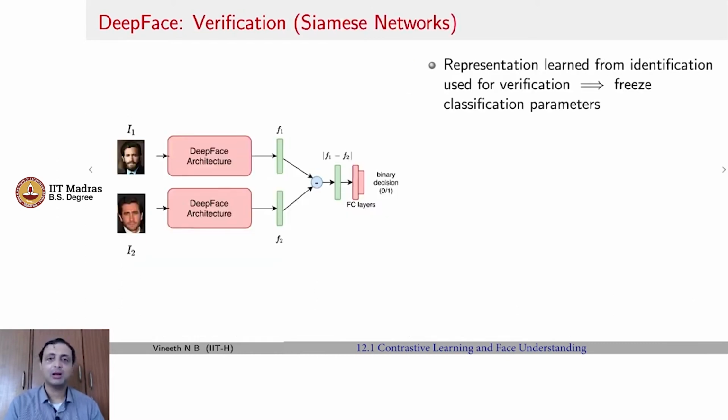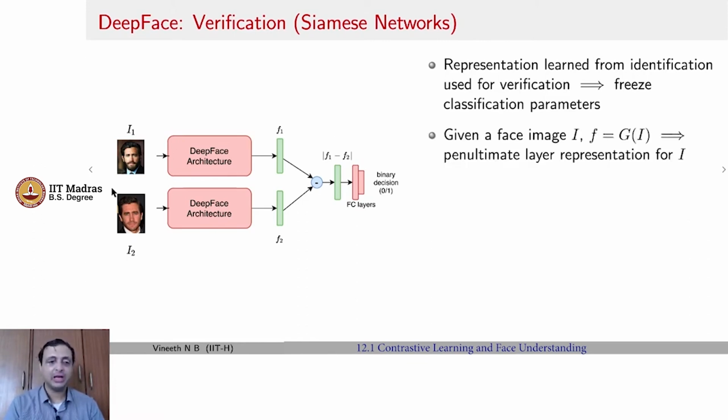For the verification part, DeepFace used a Siamese network kind of approach where the representation learned from the identification task is frozen for verification. So these architecture parameters are frozen.